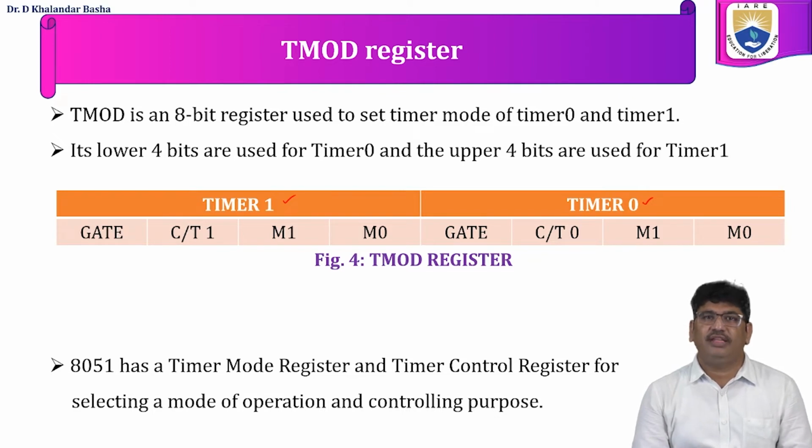These timers we can use either as timers or as counters. By programming the TMOD register, we can configure the timers to function as timers or to function as counters. The 8051 has a timer mode register and timer control registers. These two registers we have to configure before using the timer applications.